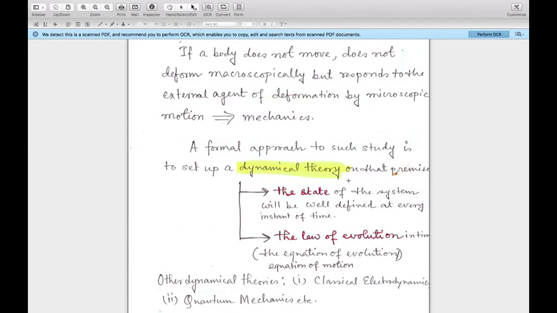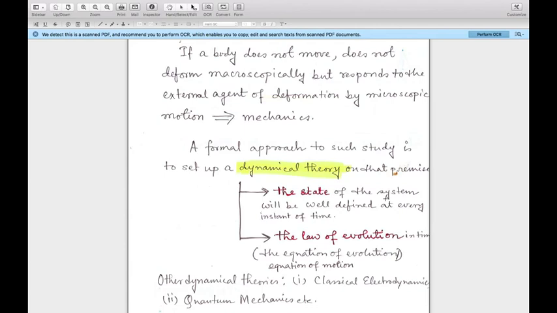Now, like other dynamical theories, classical mechanics, which is the dynamical theory of the movement of physical objects, also needs two things. One is the state of the system. This means the situation, the instantaneous condition of the body, depending on the aspect in which the body is studied.